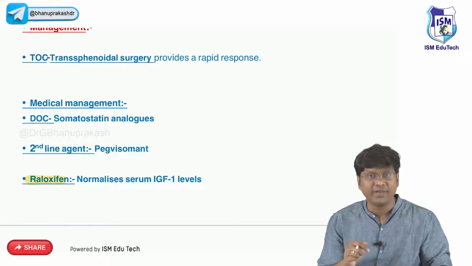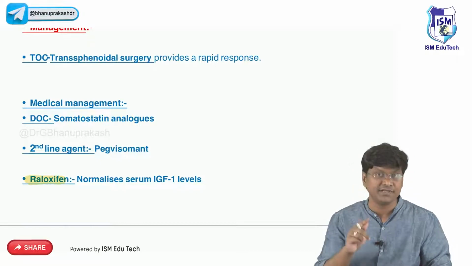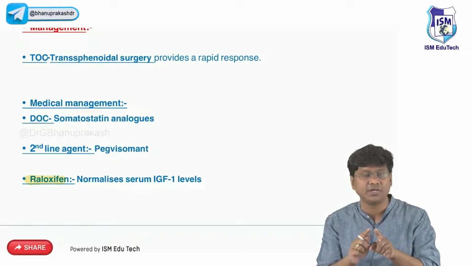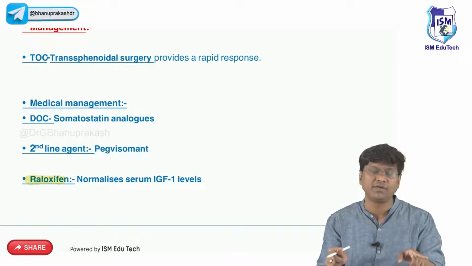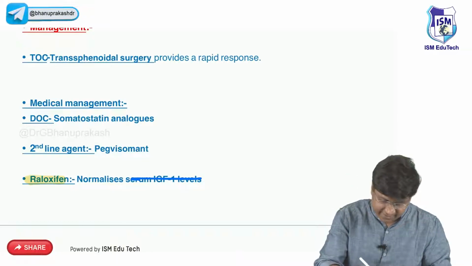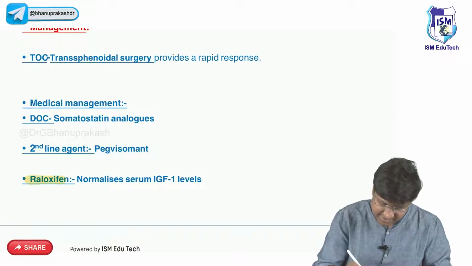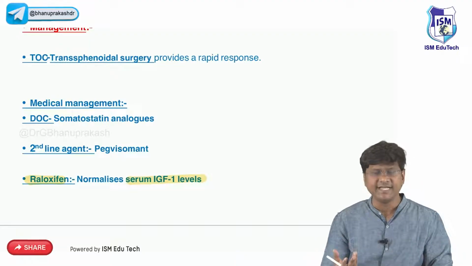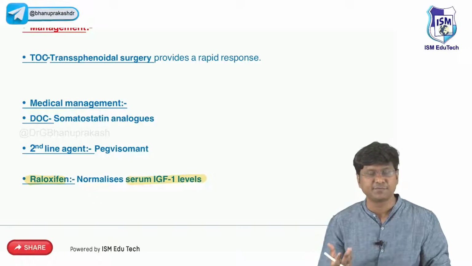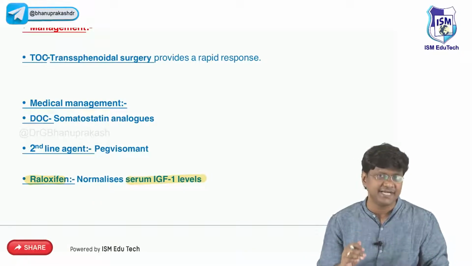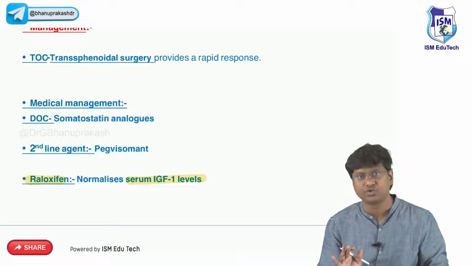Now, what is the mechanism of action of raloxifene in acromegaly? Remember, raloxifene will not normalize the growth hormone level. Raloxifene will normalize the serum IGF-1 levels. What is serum IGF-1? It is the one which is produced from the liver in response to your growth hormone. So, raloxifene will normalize the serum IGF-1 levels but not the growth hormone levels.